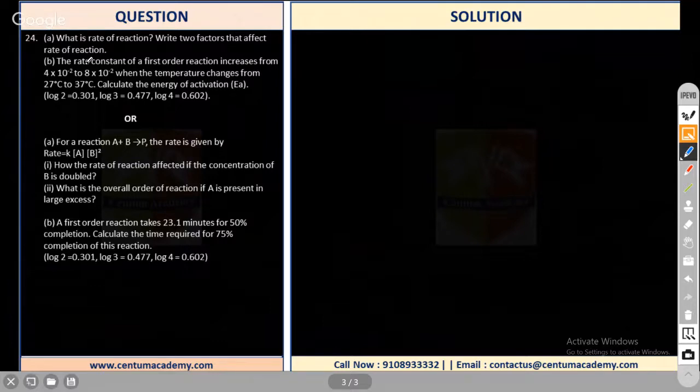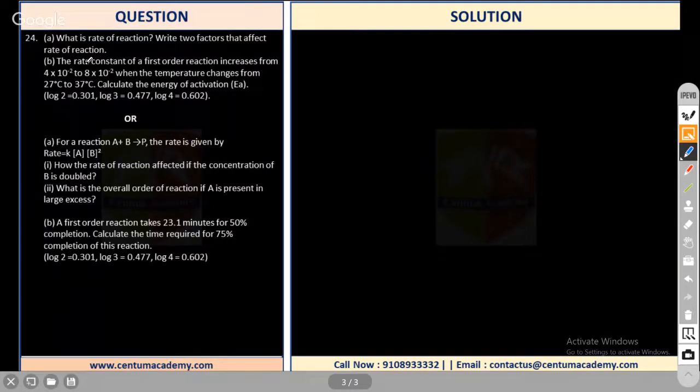Change in concentration of reactant in unit time. Yes, right. You can say that, and then you can write down one example, and then you can write down the expression of rate with respect to that reaction.